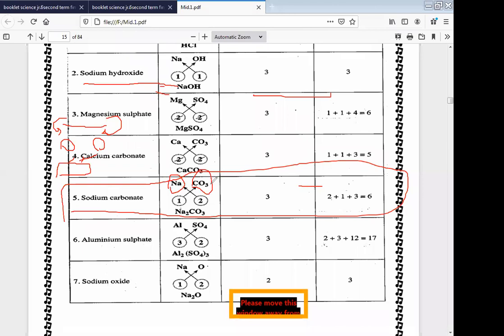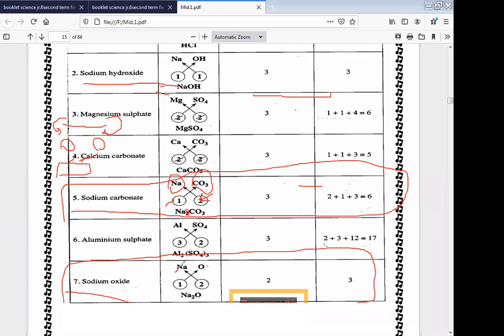Na is monovalent, so I write the valency 1. CO3 is divalent, so I write the valency 2. Exchange the valences: Na takes the valency of CO3, and CO3 takes the valency of Na. When I exchange, Na takes 2, CO3 takes 1, and the 1 is not written. So it becomes Na2CO3. Okay?